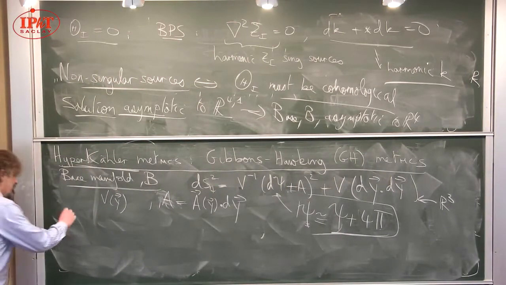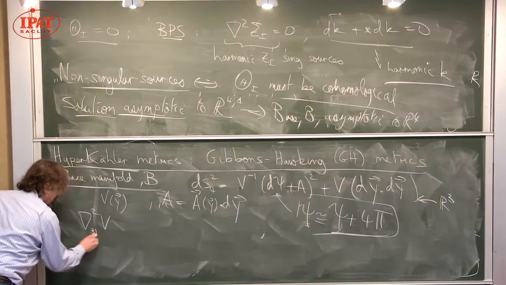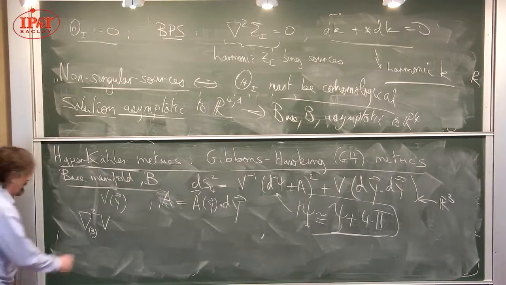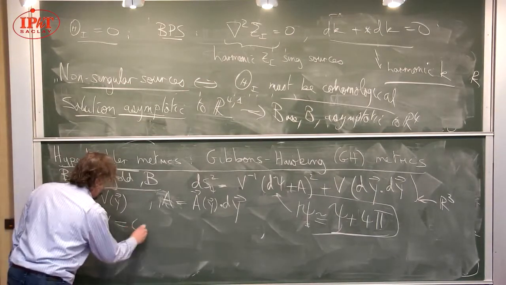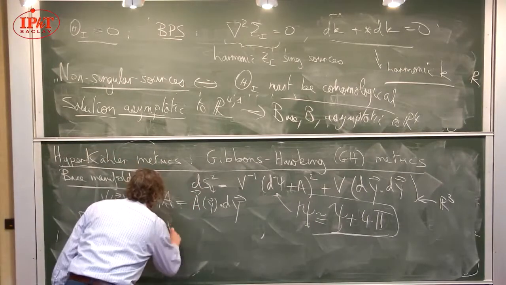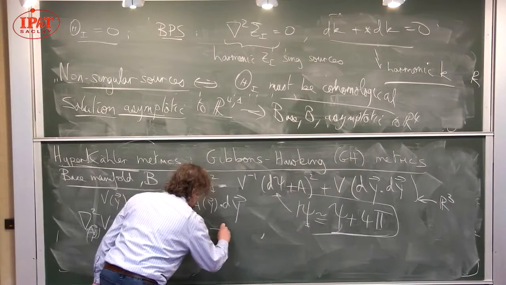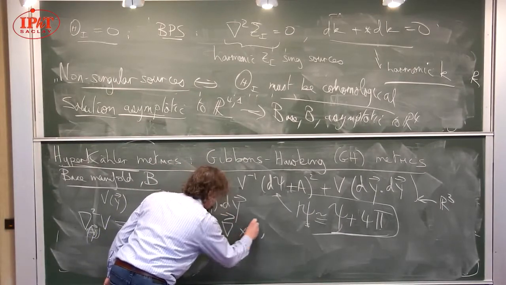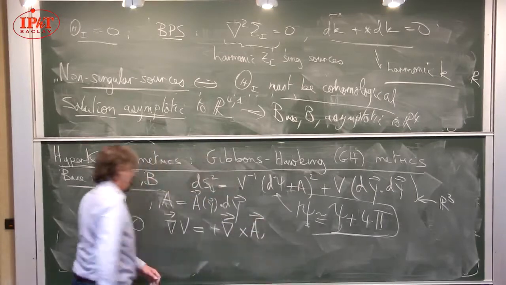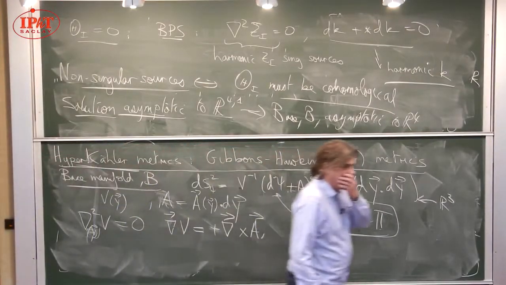Now, what are the conditions? The conditions are del squared of V, now this is always, in this context, going to be the three-dimensional Laplacian, so let me call it the Laplacian on y, if you like, of V is 0. And then the gradient of V must be equal to plus the curl of A. And so this is the integrability condition for this equation.